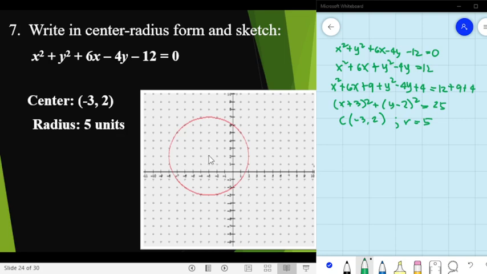So from here, we have 1, 2, 3, 4, 5. Step one by one from the center. So we have 1, 2, 3, 4, 5. That is why it is 5 units. Okay.